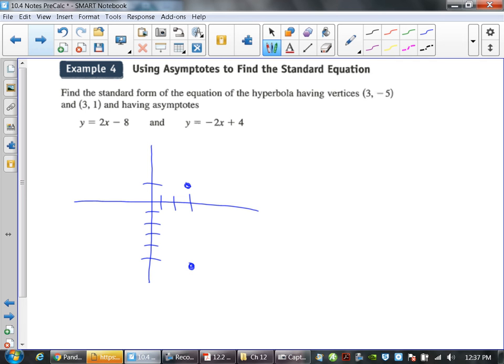Write down that you know it has to be a y squared first. You have asymptotes. Write down what you know.